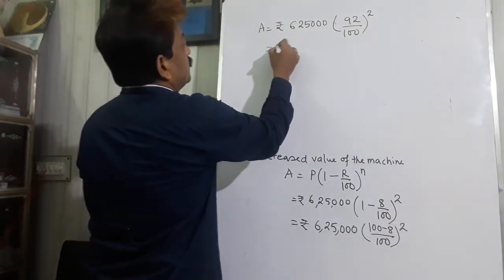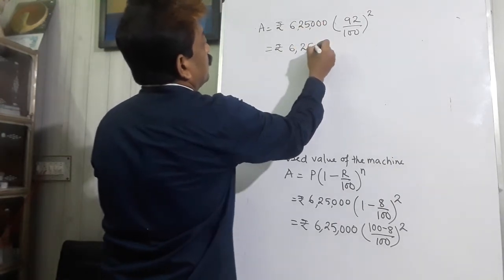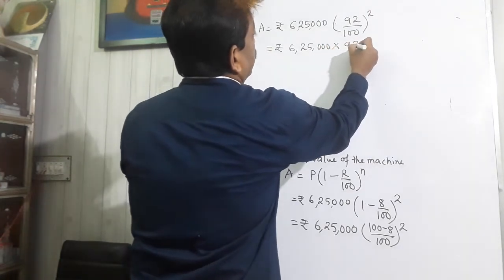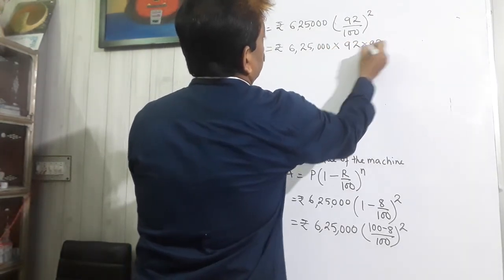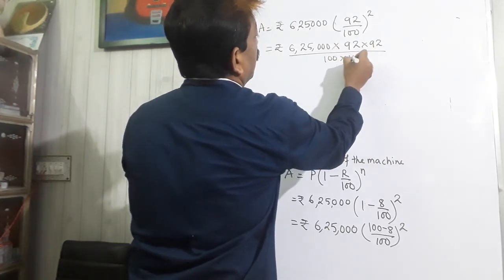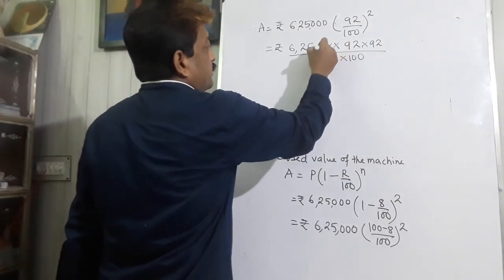So rupees 6,25,000 multiplied with 92 into 92 by 100 into 100. So these three zeros will be cancelled.